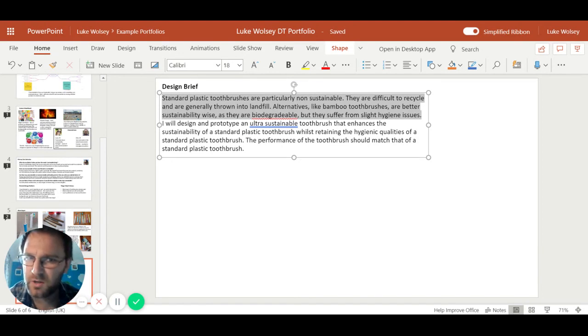Am I confident that I can do that? I'm confident I can give it a go. And we'll see what I end up with at the end. So that is a design brief. Open-ended is the key. Don't constrain yourself from the start of the project, if you like.